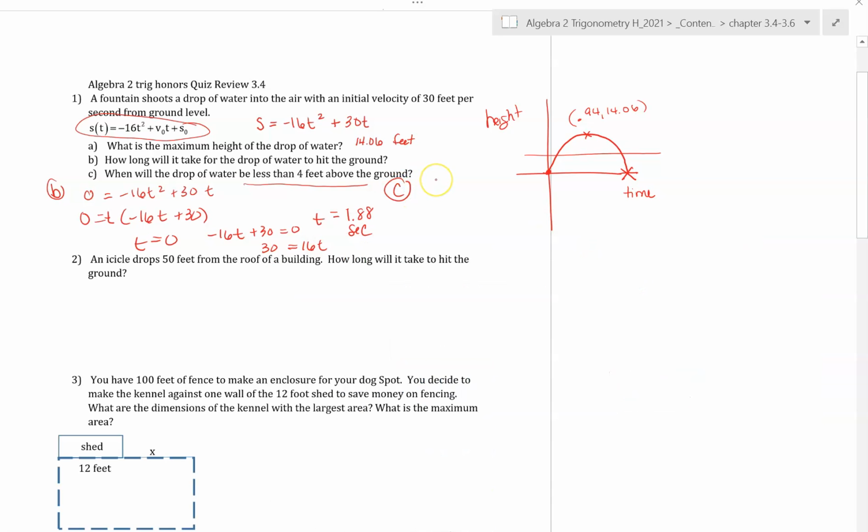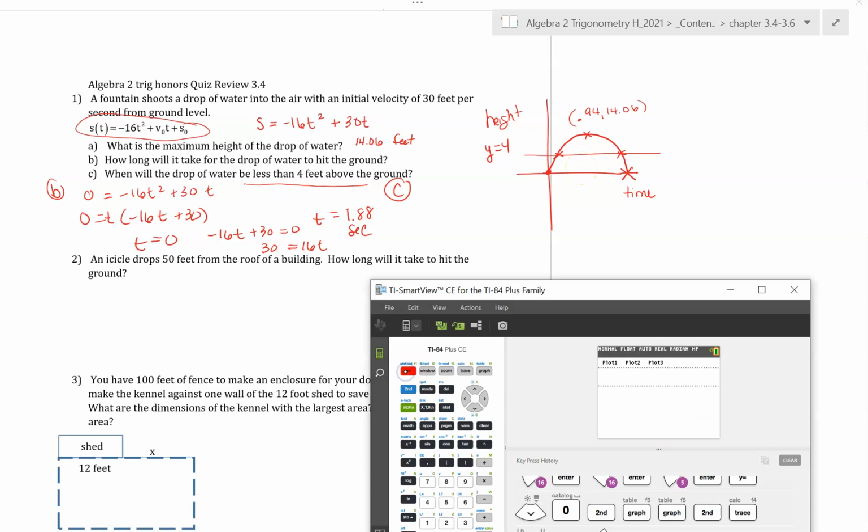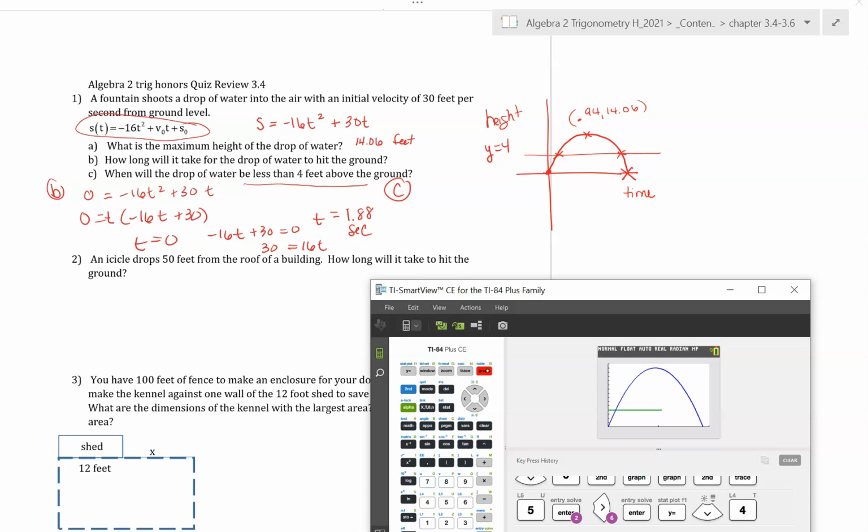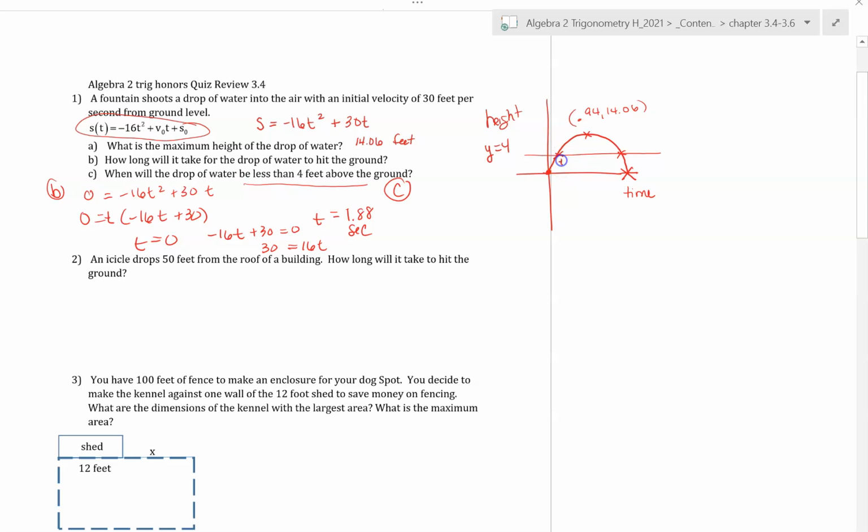It says, when will the drop of water be less than 4 feet above the ground? So this time we'll let y be 4, and we need these two values right here that intersect with the graph. So we'll go back to our calculator in y2 and type in 4. If you do intersect, I will tell you that this is t equals 0.14 seconds and t equals 1.73 seconds. Let's just go ahead and check one of them.